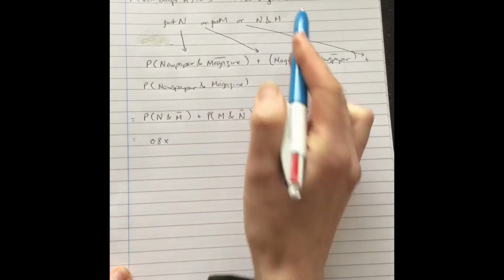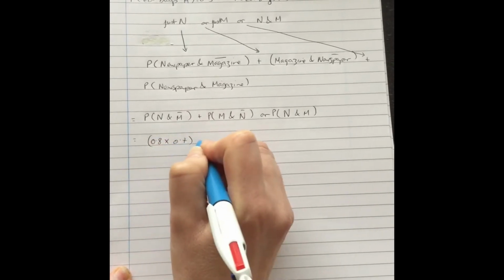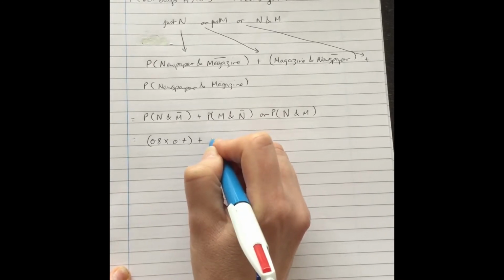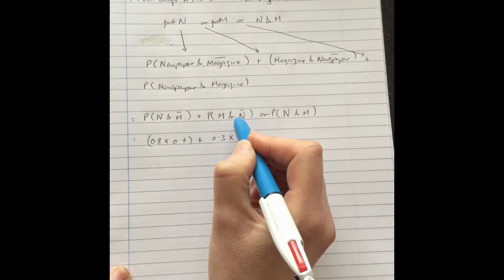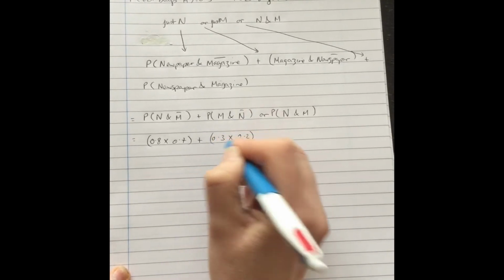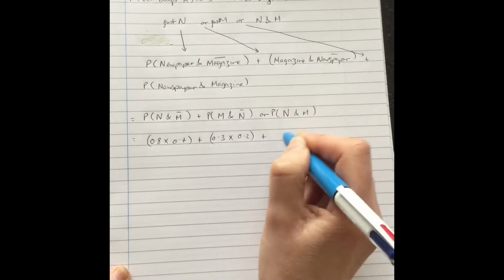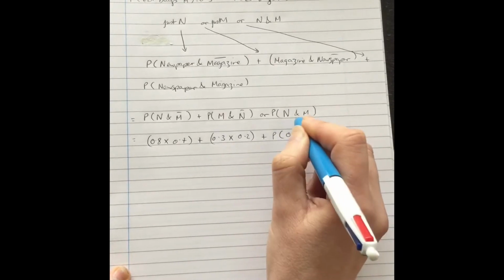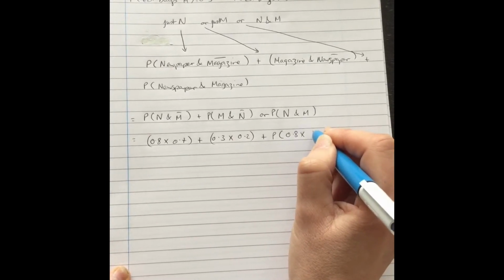Probability of not buying a magazine is 0.7. Or means plus. Probability of a magazine being bought is 0.3 times the probability of a newspaper not being bought, which is 0.2. Or means plus. Probability of a newspaper being bought is 0.8, and means multiply, a magazine being bought is 0.3.